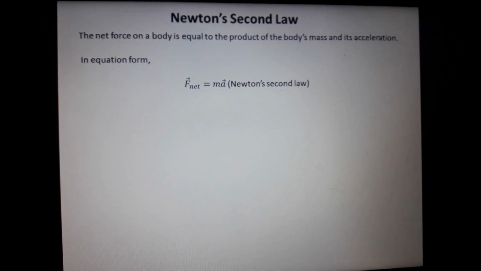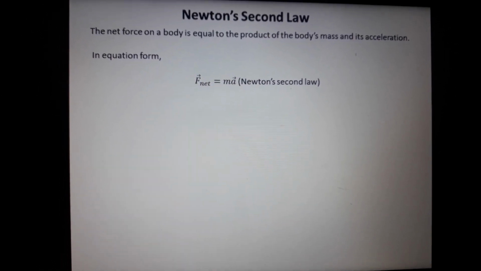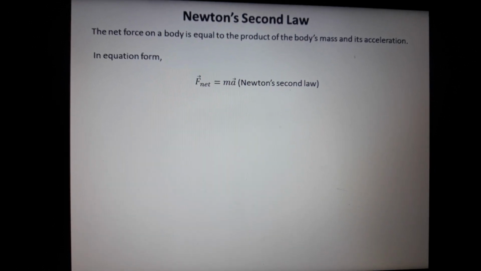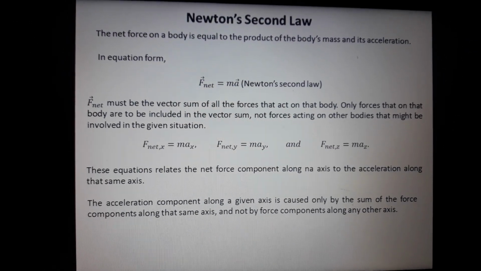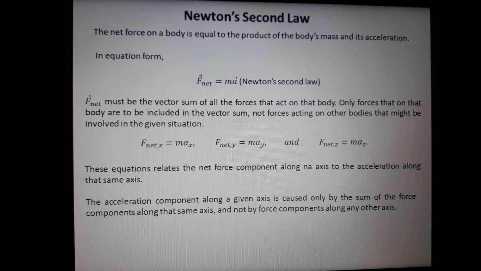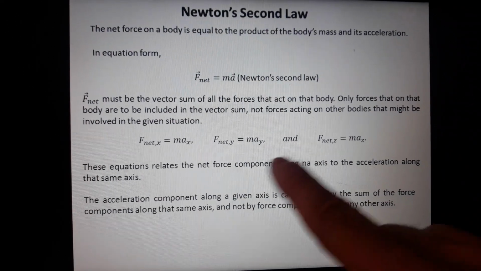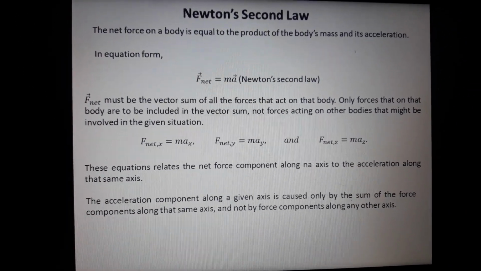In an example here, we have Newton's second law. The net force is mass multiplied by acceleration. It's a vector, so we will sum the net force in the x-axis, in y, and in z to find the net force.